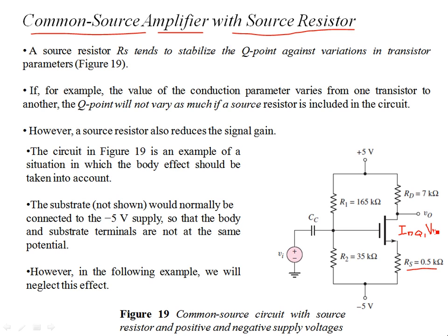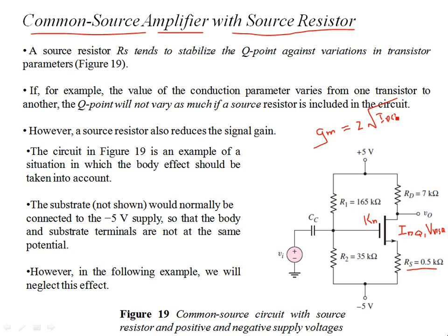The reason is that from one transistor to another transistor, your conduction parameter Kn is varying. Now owing to this variation of Kn, even in the small signal parameter, you will see that the transconductance gain gm, which for an NMOS device is given as 2 times square root of IDQ multiplied by Kn.